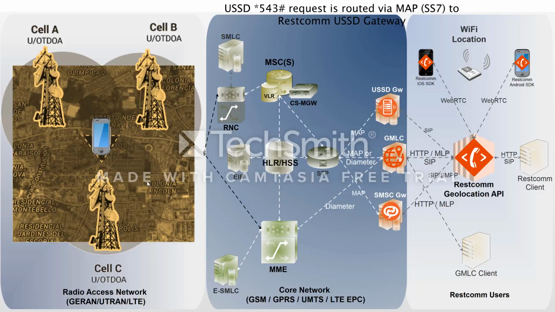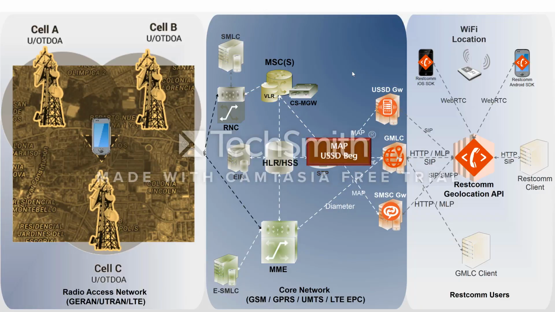So the 543 shortcut request is routed via MAP for SS7 to the Restcomm USSD gateway, as you can see here. And there goes the MAP USSD begin.